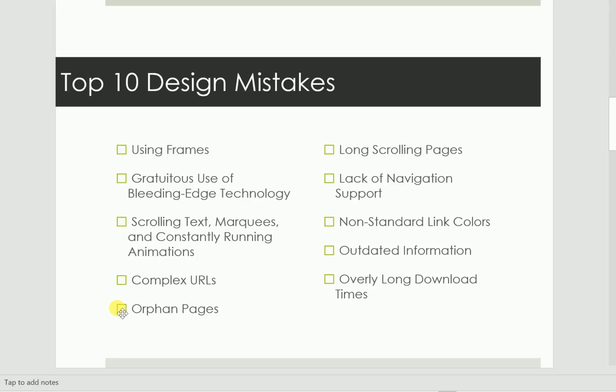Orphan pages come up quite often, more often than not in research. So make sure that all pages include a clear identification of what website they belong to, since users may access pages directly without coming through the home page.